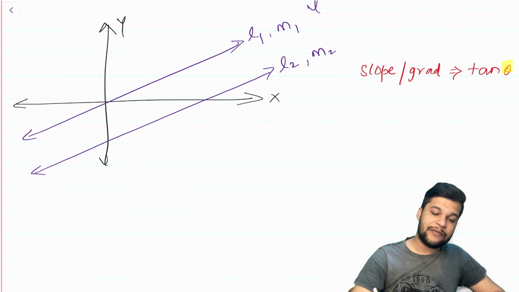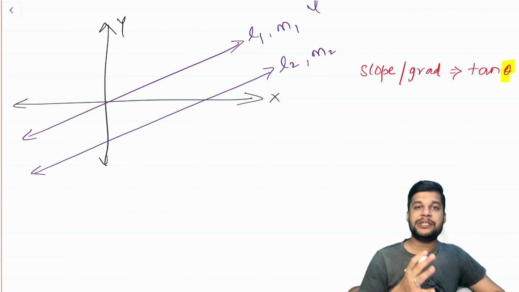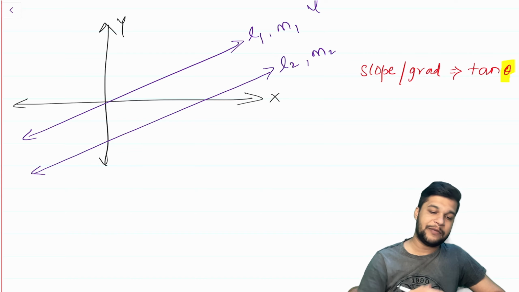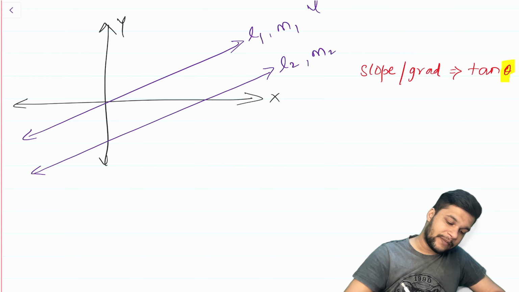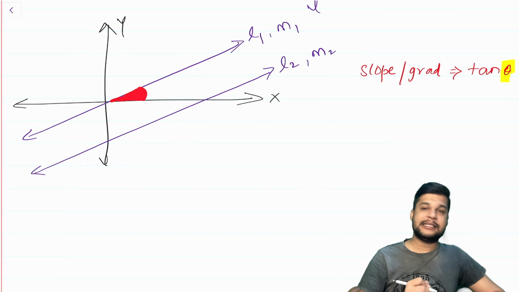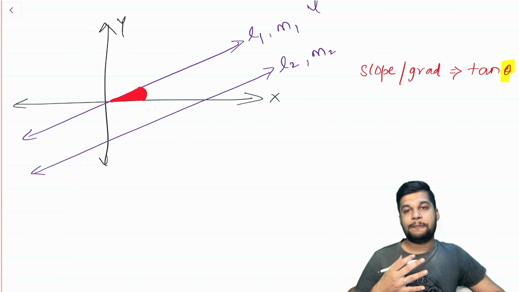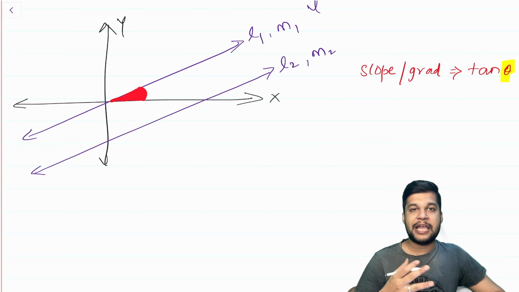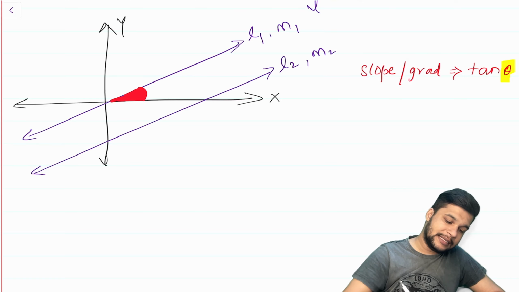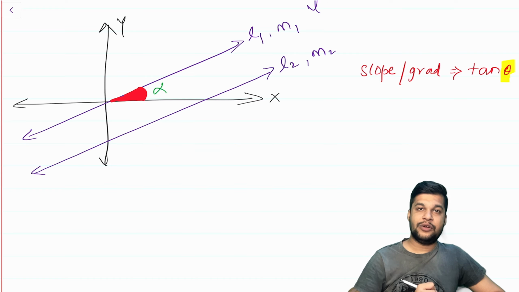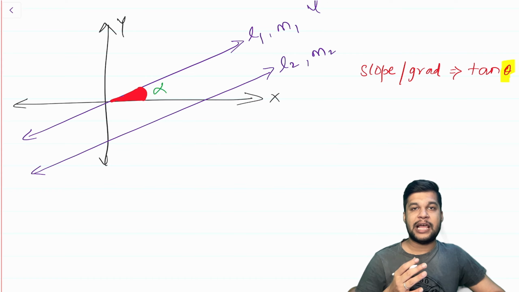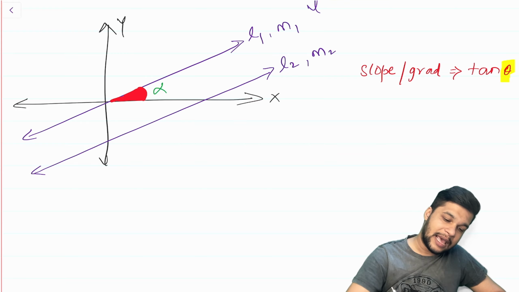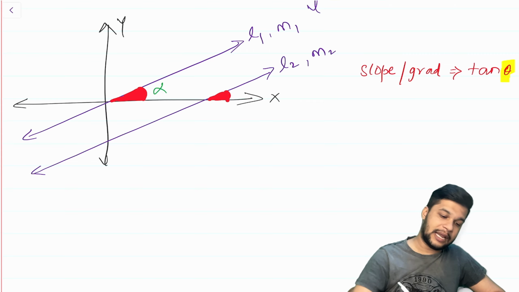Where theta is the angle at which the line is inclined. Which means, let's say the angle at which line 1 is inclined is alpha, and let's say the angle at which line 2 is inclined is beta.